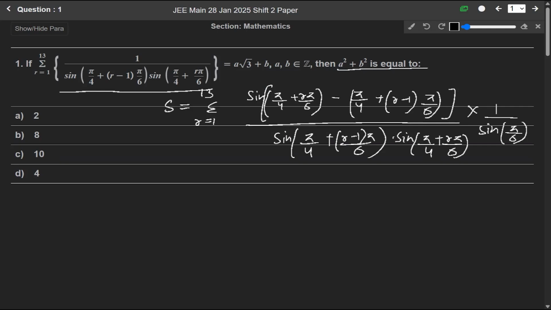When we solve it, the numerator will equal 1.